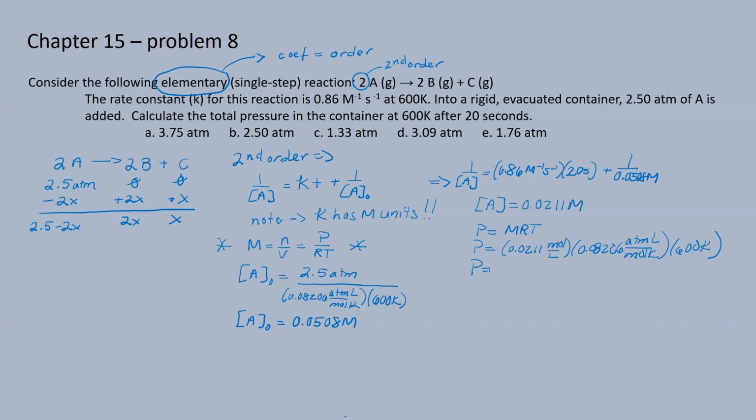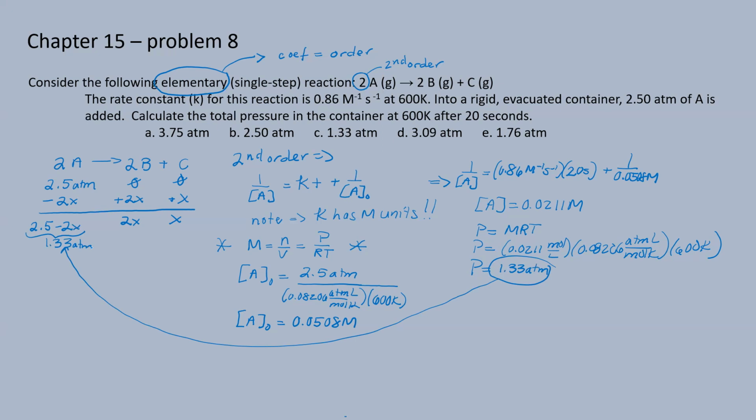So the pressure of A is 1.33. Okay, so this number right here, 1.33, is the pressure of A.